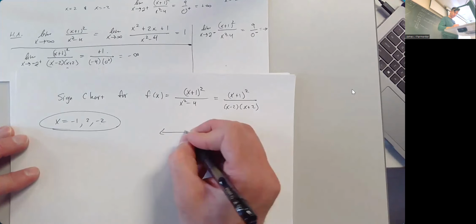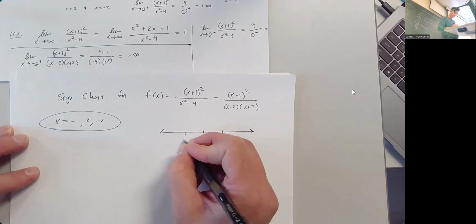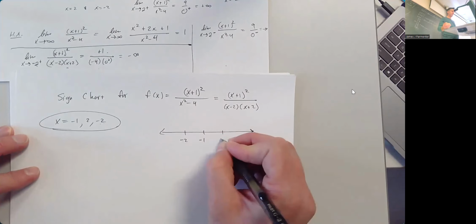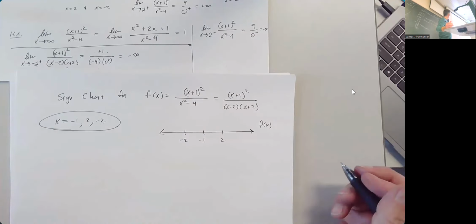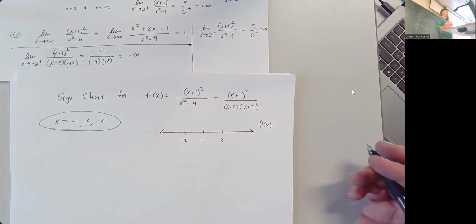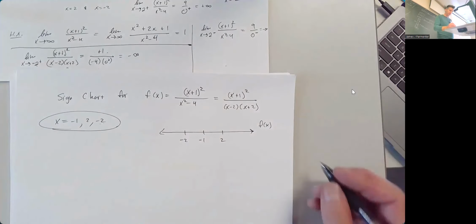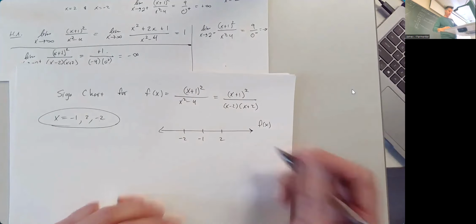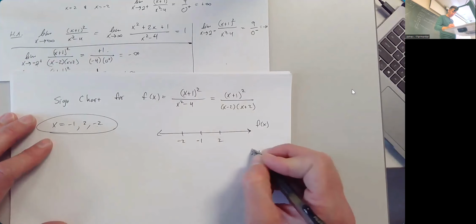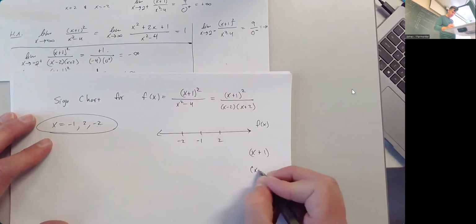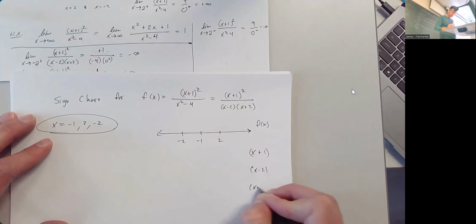You can write all the factors down, it's totally fine: x plus 1, x minus 2, and x plus 2.